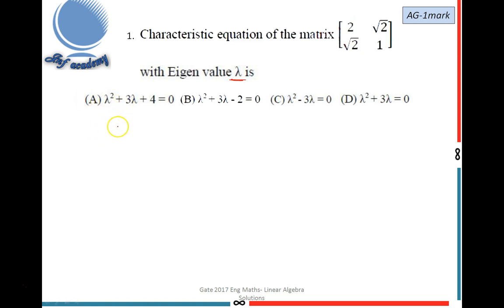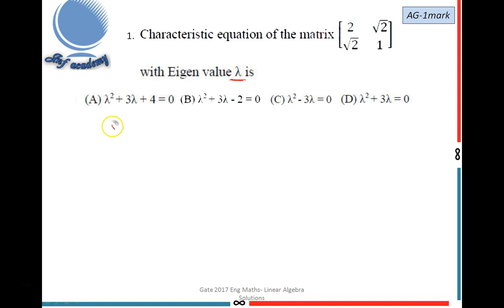Here I write one shortcut way to find the characteristic equation. The definition is that determinant of A minus lambda I equal to 0 is called the characteristic equation. But taking the determinant of A minus lambda I takes a lot of time.